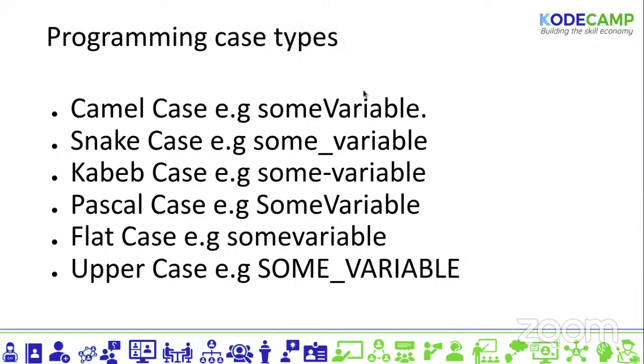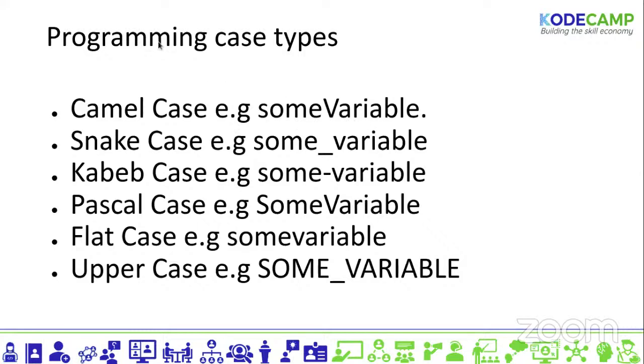So I now said programming case types. I'm sure you guys see this a lot. I know it might look strange to some people. We have these different types of namings. You can use camel case to name your variable.